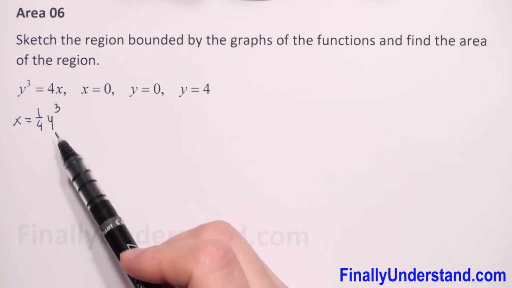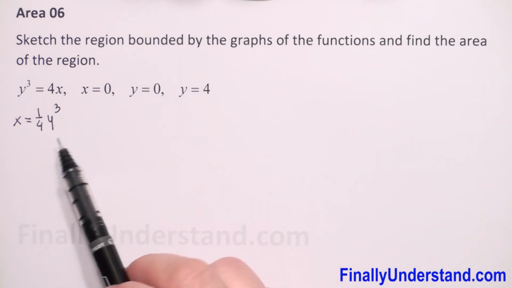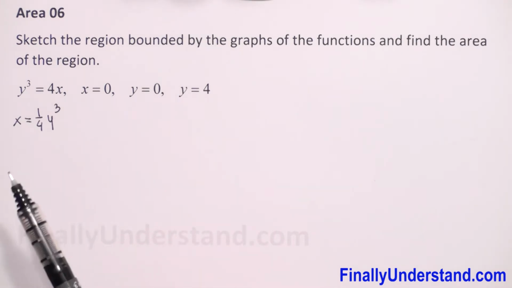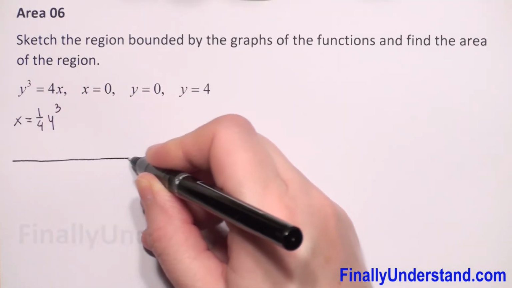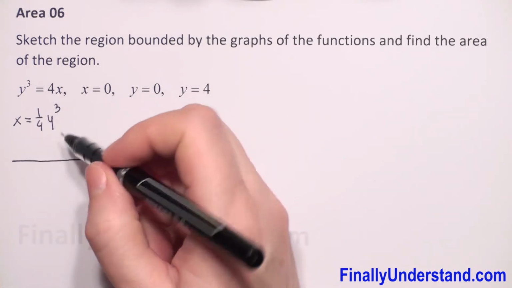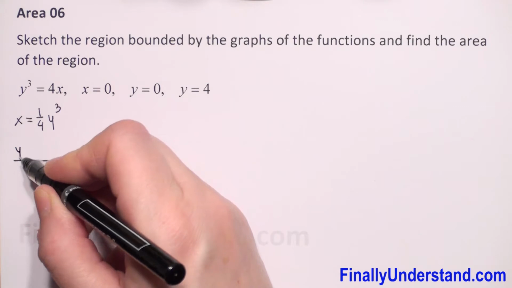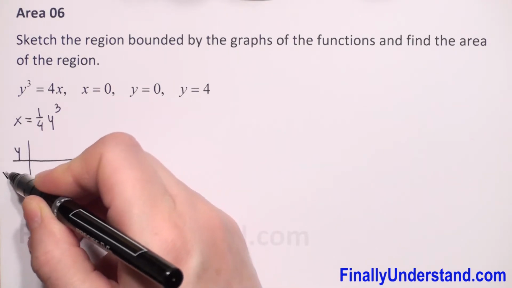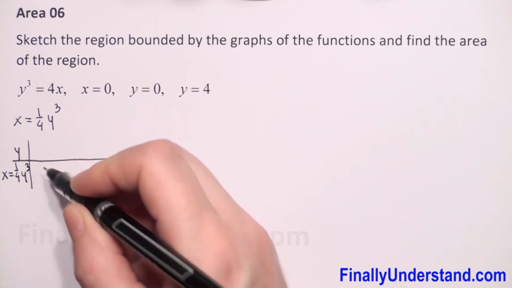We see that the domain of our function will be all real numbers, because we can take to the third power every real number. Let me draw the table for this function. In the first row we will have y, and in the second will be x equals 1 over 4 y cubed.